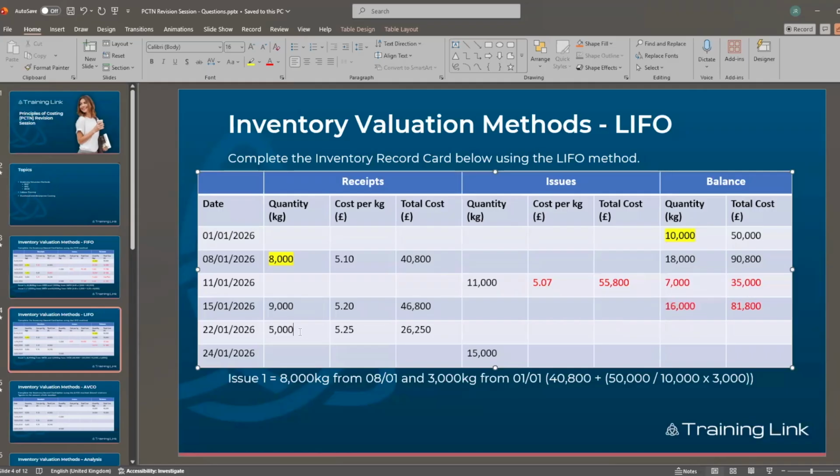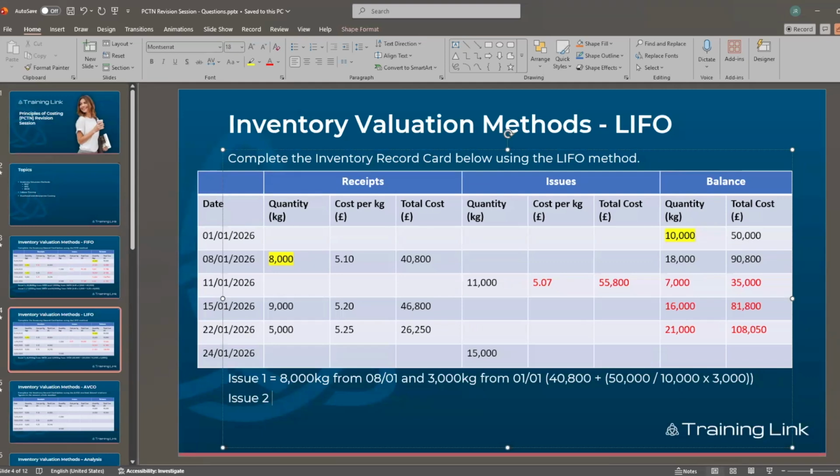Same again here, another 5,000 kilograms purchase. So that takes us to 21,000. And that came at a cost of 26,250. So add that onto our existing total cost, which should give us 108,050.